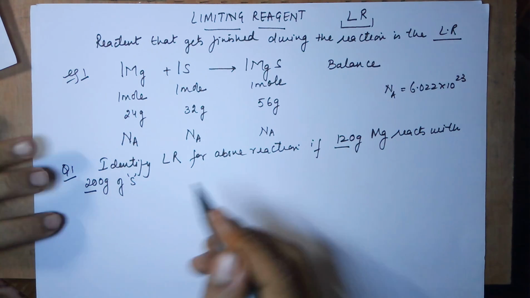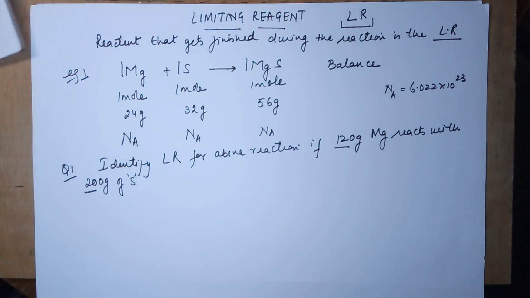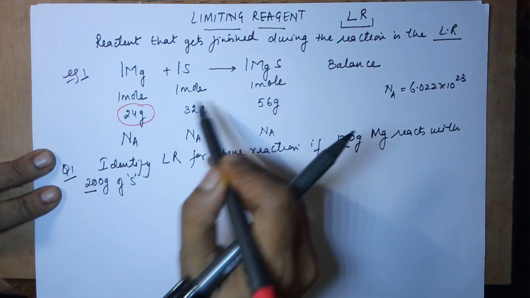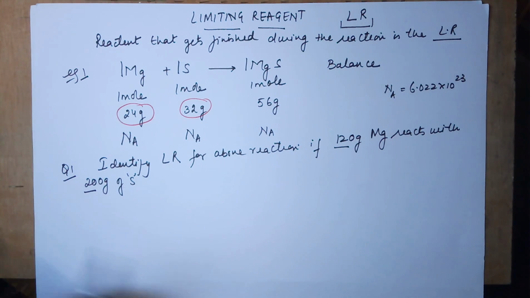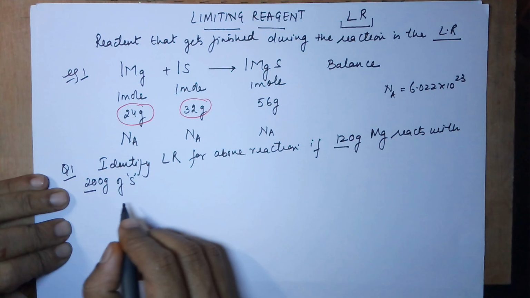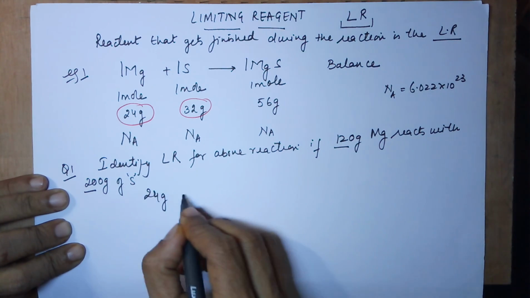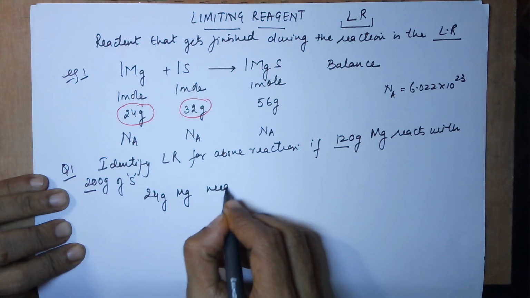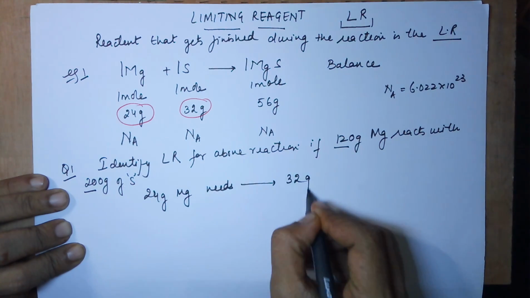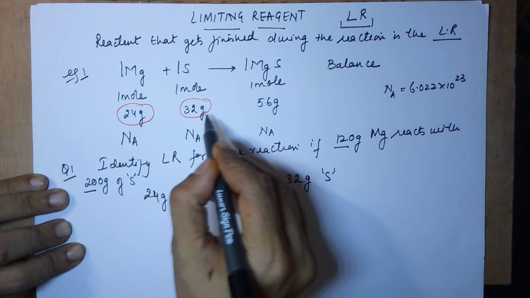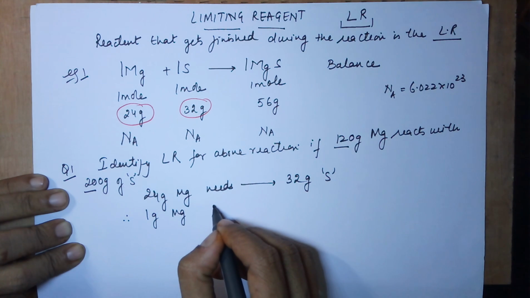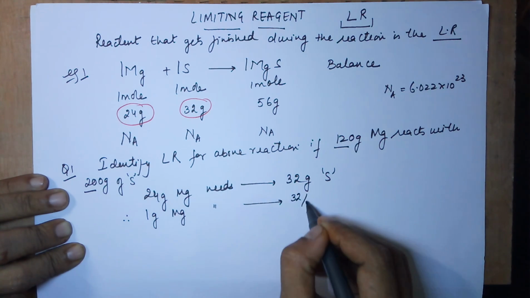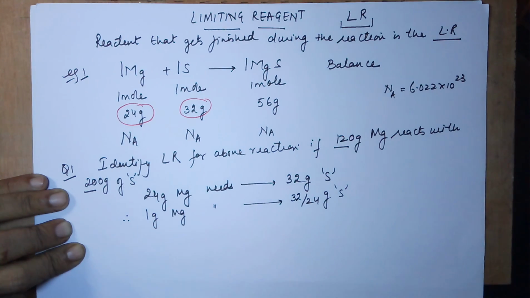Working it up, we very well know that you will be requiring 24 grams of magnesium and it would combine with 32 grams of sulfur. So you need to know the ratio of combinations. Working on the same principle, we know that if 24 grams magnesium needs 32 grams of sulfur, that is available from this information. Hence, if I have just 1 gram of magnesium, it will require 32 divided by 24 grams of sulfur.